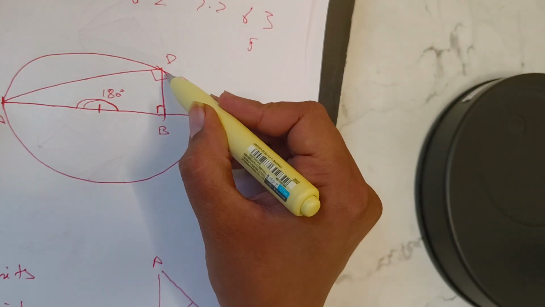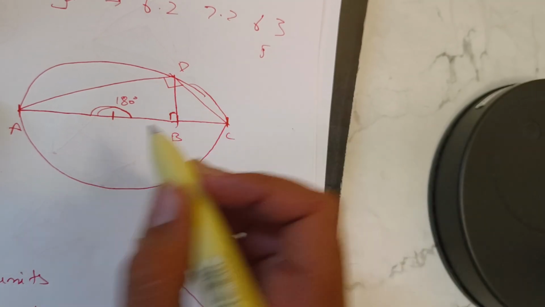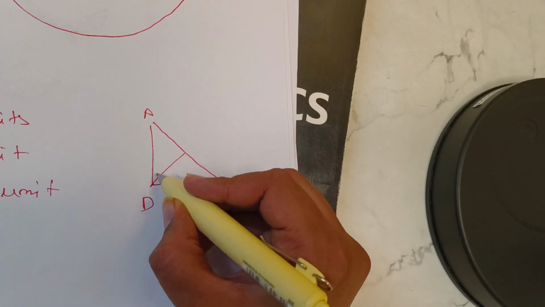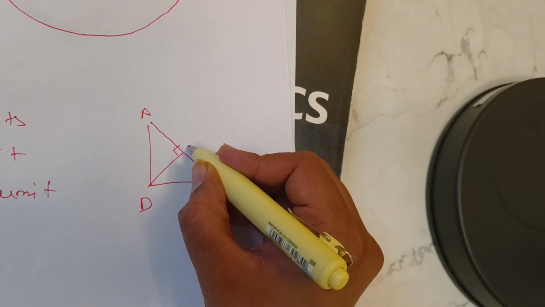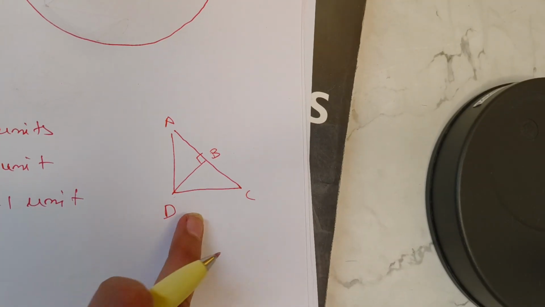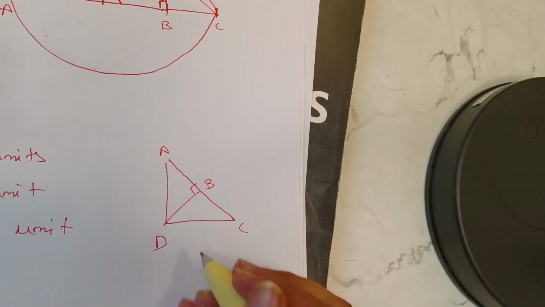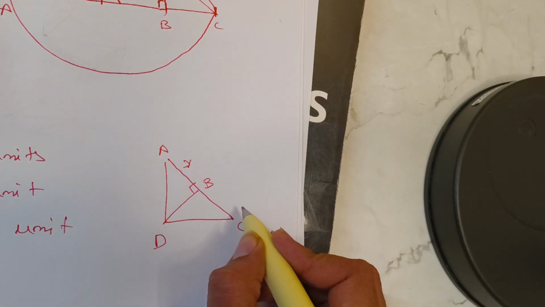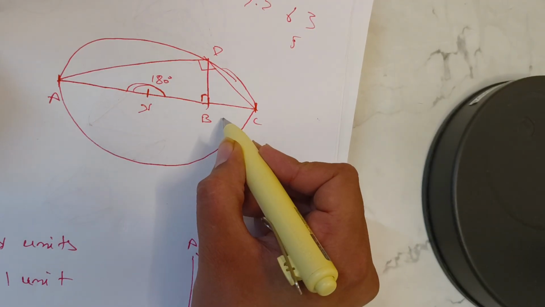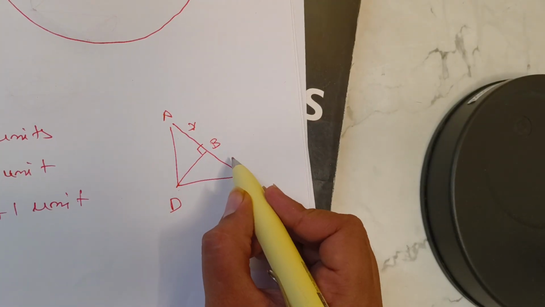Here we are drawing a perpendicular to AC, which is our hypotenuse, from D to B. This is the triangle in simpler form, basically the same thing. Now AB is X, BC is 1, and this whole is X plus 1.